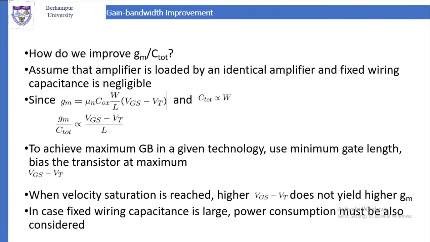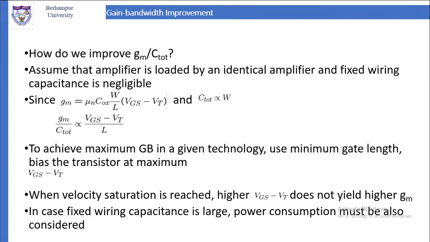Similarly here there won't be any W. So GM by C total, when proportionality is considered, will not contain the term W.